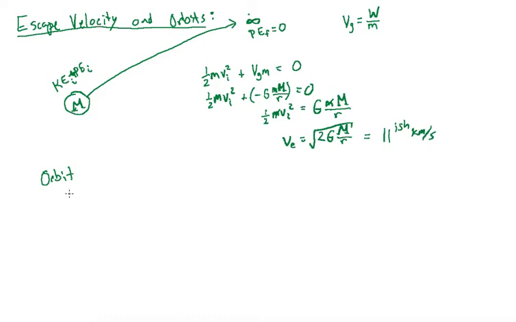And we can do that pretty simply, because if we assume something is in a circular orbit, then say here's our planet, mass M. Sorry if that's a little small, I could probably make that a little bigger.